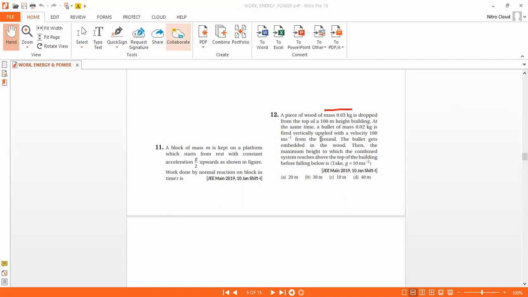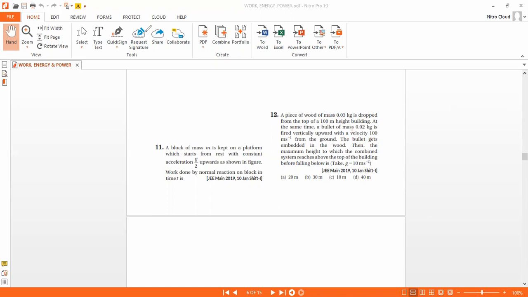Firstly, mass is given and the height of the building is given. At the same time, a bullet of mass 0.02 kg is fired vertically upward with a velocity from the ground. The bullet gets embedded in the wood. Then the maximum height to which the combined system reaches above the top of the building.